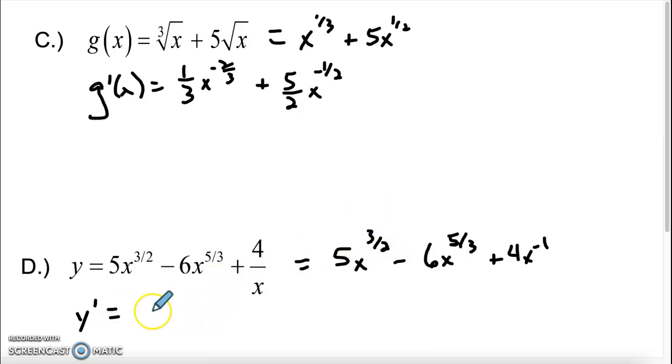So this would be 15 halves x to the 1/2 minus 30 over 3 would just be 10x to the 2/3. Then bring that negative 1 out front, so minus 4x to the negative second.